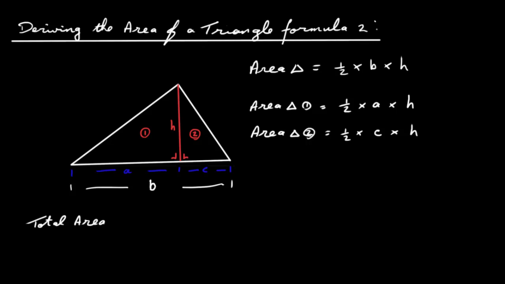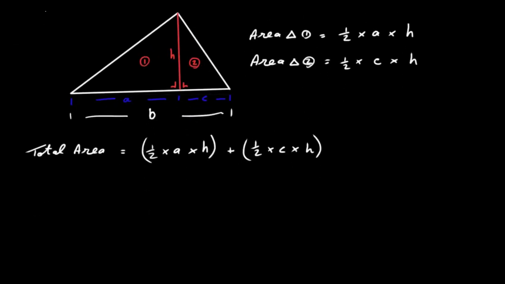So the total area then, the total area of our non-right angle triangle then is just going to be these two added. So it's going to be half times A times H plus half times C times H. So let's have a look at that. Now, if you look at both of these terms here, we have half and H in common.